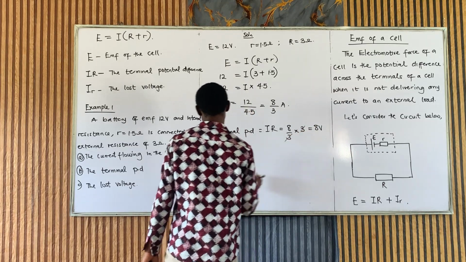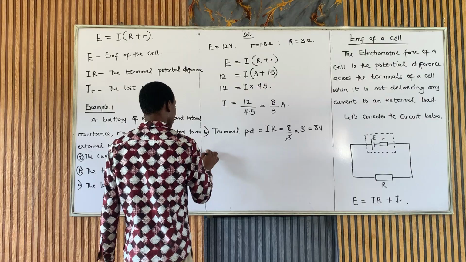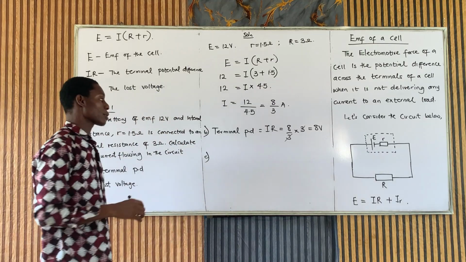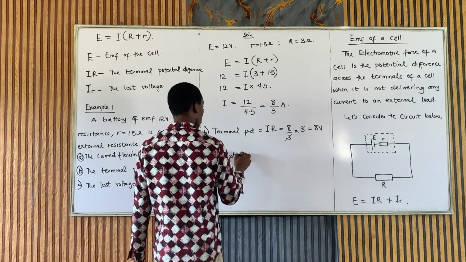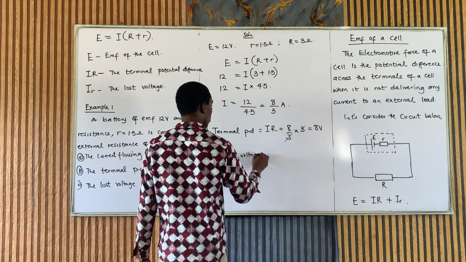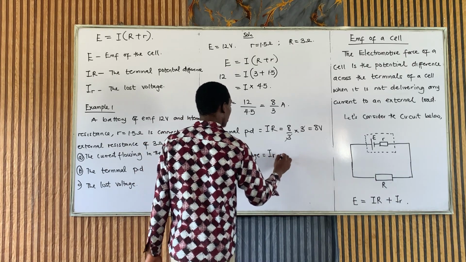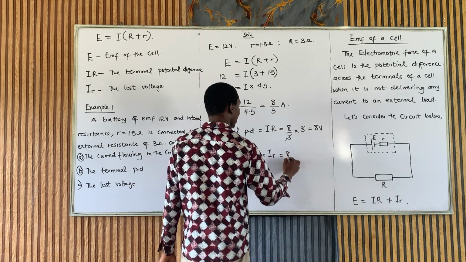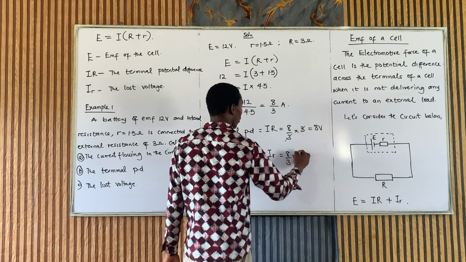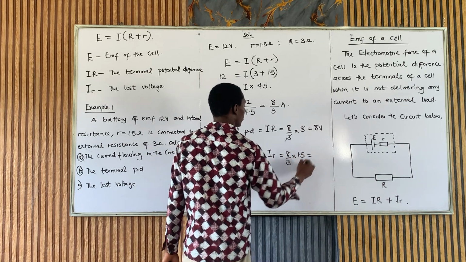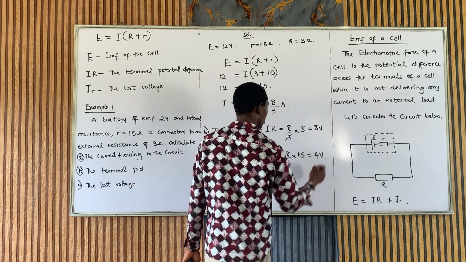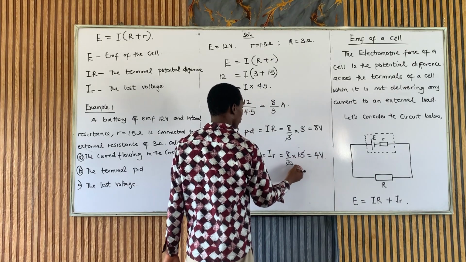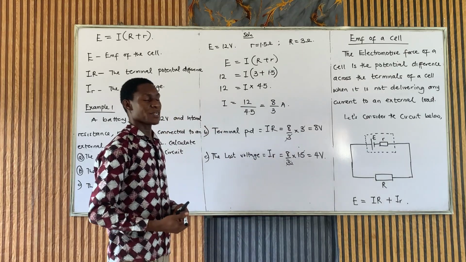Then C, the lost voltage. That's I small r, which is 8 over 3 multiplied by 1.5. This will give us 4 volts, because 1.5 over 3 will give us 2, and that will give us 8 over 2, which is 4 volts.